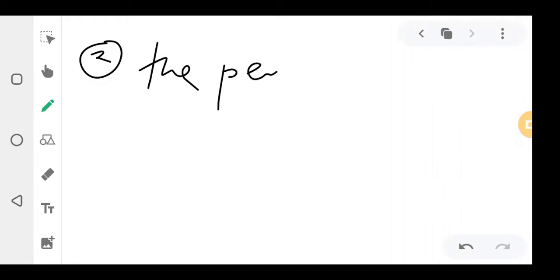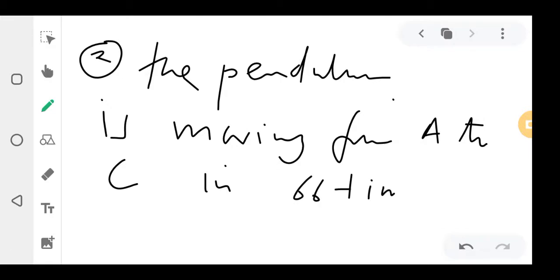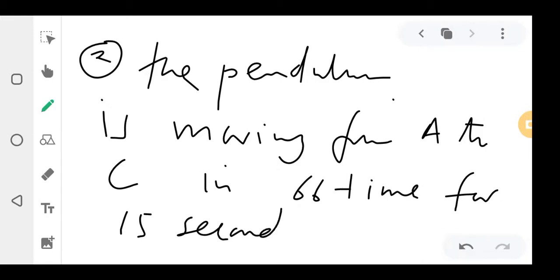Question 2. The pendulum is moving from A to C, 66 times for 15 seconds.